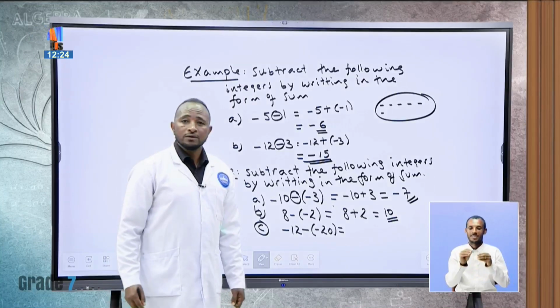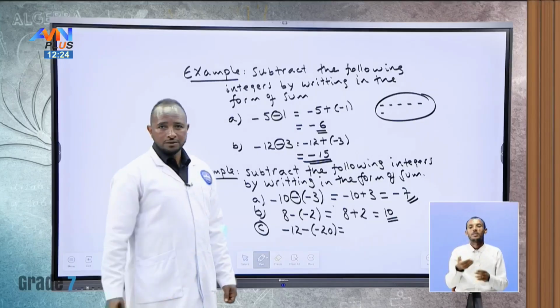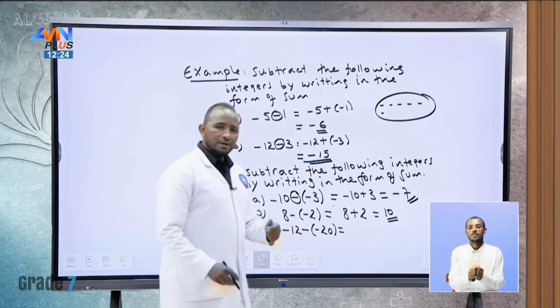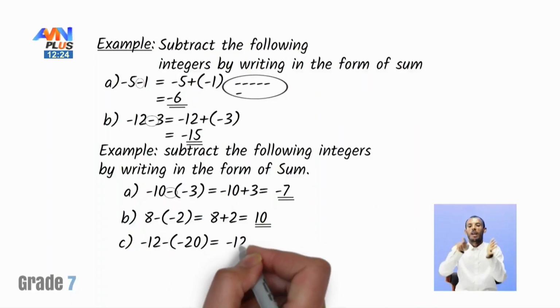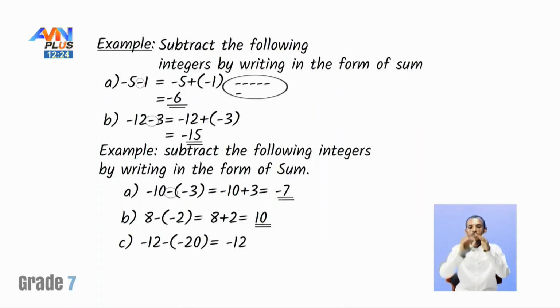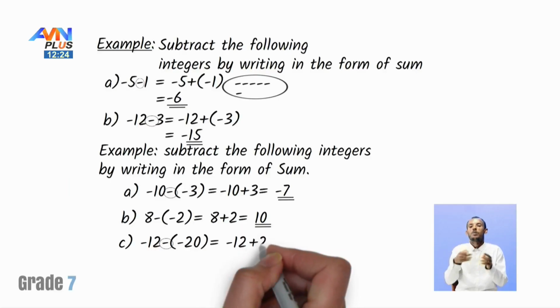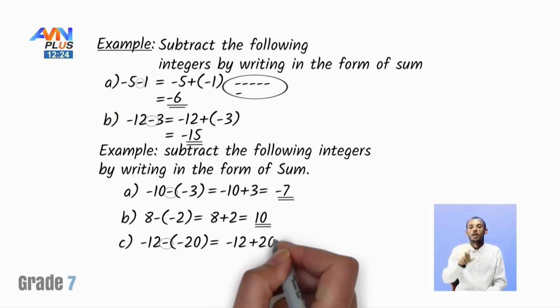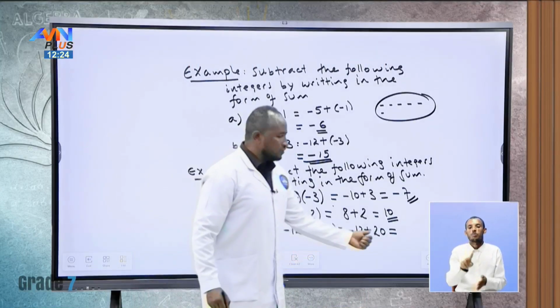Students, have you tried the question? Very good. Let's see the answer. Subtracting means adding the opposite. So here, negative 12, subtracting means this becomes plus. What is the opposite of negative 20? Good, positive 20. Okay, now let's add these two: negative 12 plus 20.